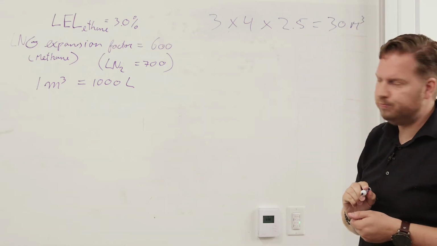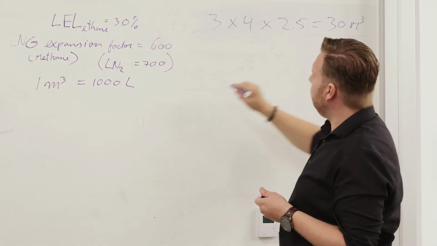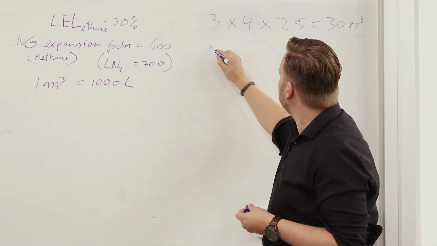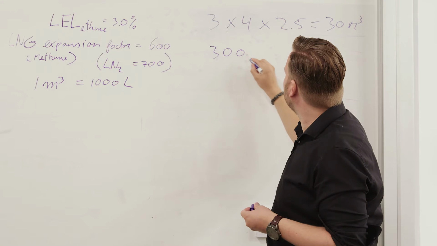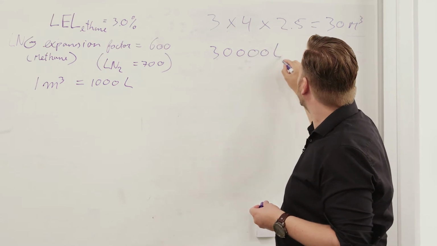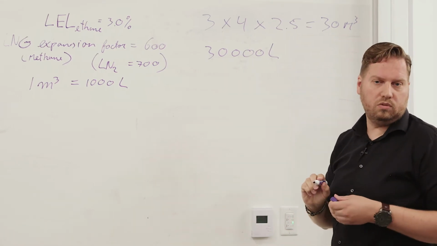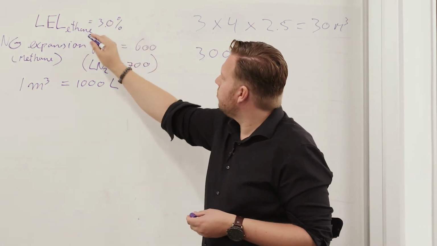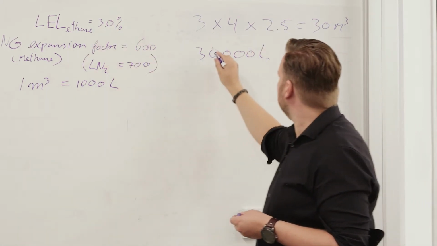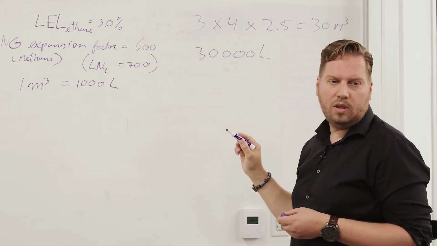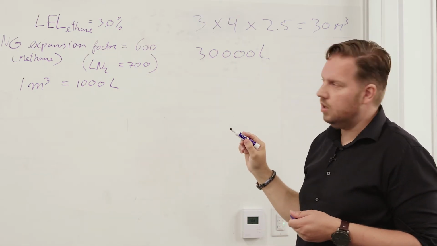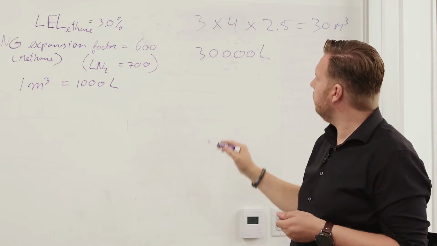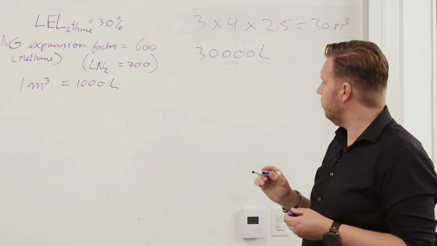Now 30 cubic meters equals 30,000 liters of volume. To end up in an explosive situation, 3% of this volume can be ethane. If it's less than 3%, you're safe. If it's more than 3%, you're not safe.